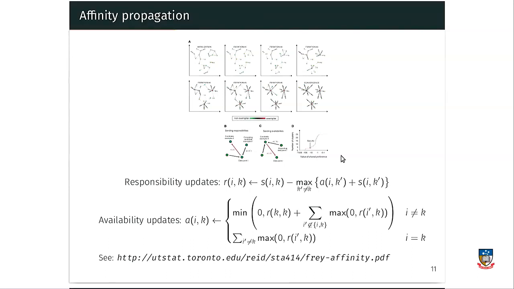Again, affinity propagation is an iterative algorithm, and it has the same sort of scheme as before. You compute some metric of whether or not you're a good exemplar, and then you exchange values or do another step which works out whether or not everyone agrees that you are a good exemplar. These two measures are called responsibility and availability.